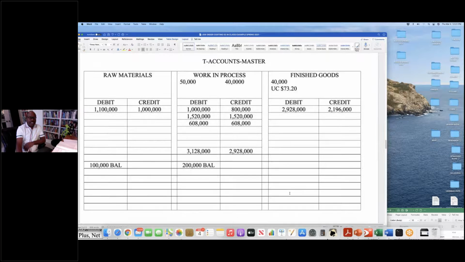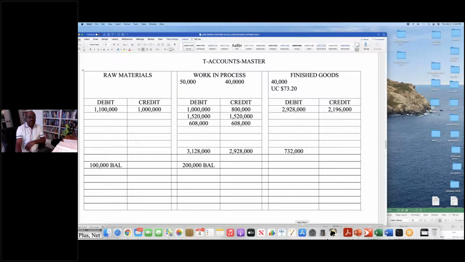Okay, let's go back to these T accounts right quick. How much do we have left in finished goods? Hey, did you ever make a T account for cash? No. Oh, good luck. How much do we have left in finished goods? 732. Yeah, 732.